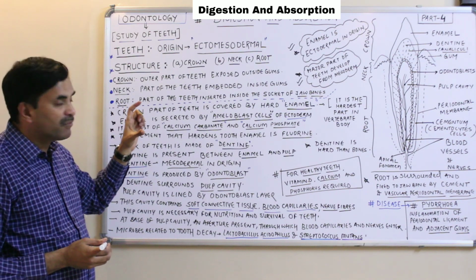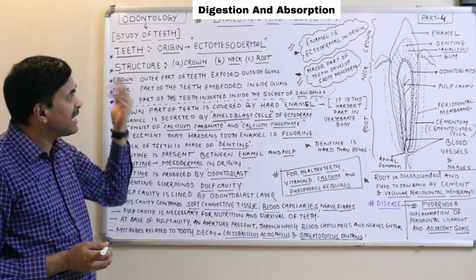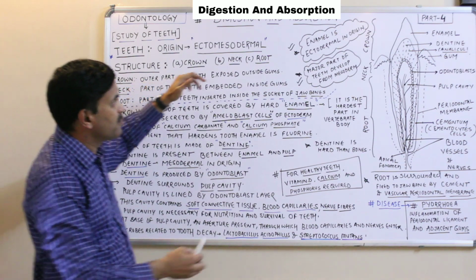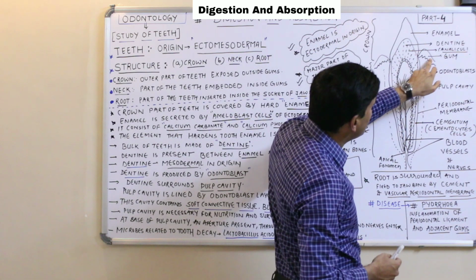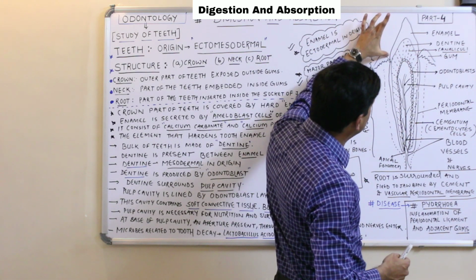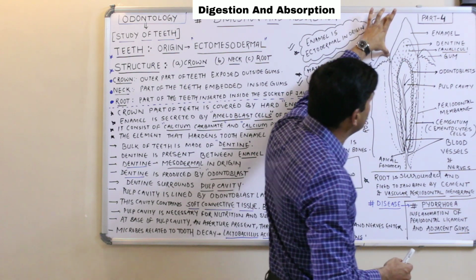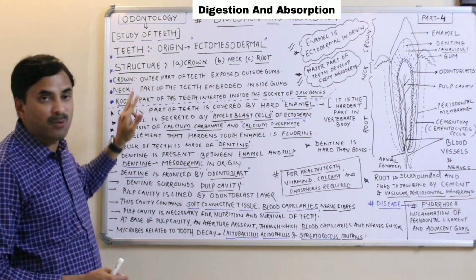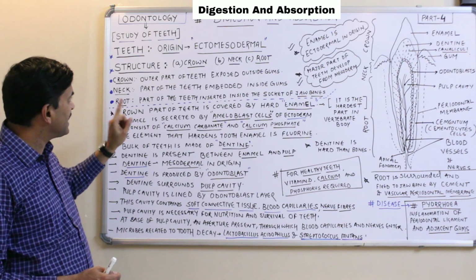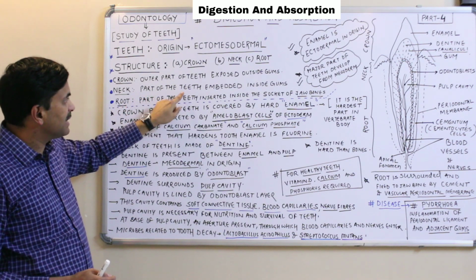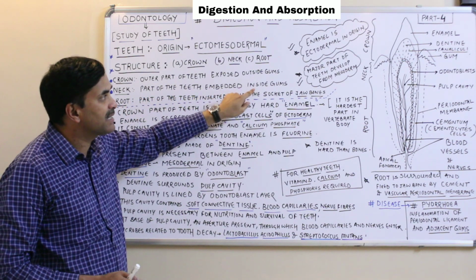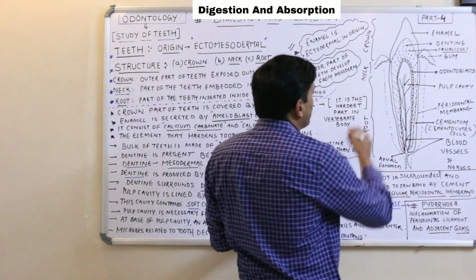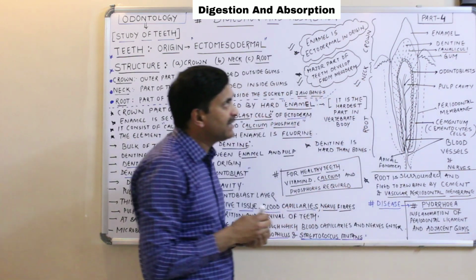The part of the teeth which is exposed outside the gums is called the crown. This portion, these are the gums, and the part of the teeth which is outside the gums is the crown. The second part of the teeth is embedded inside the gums.